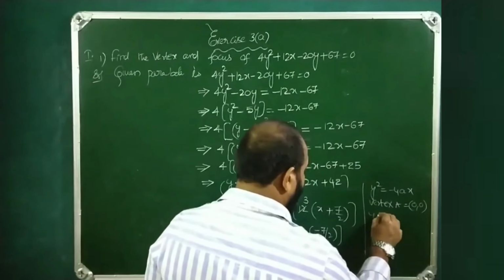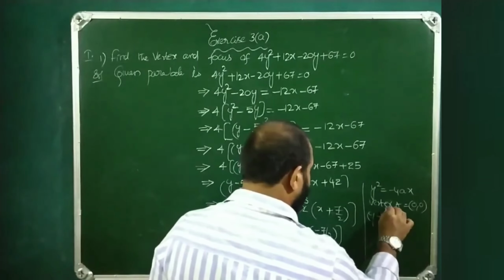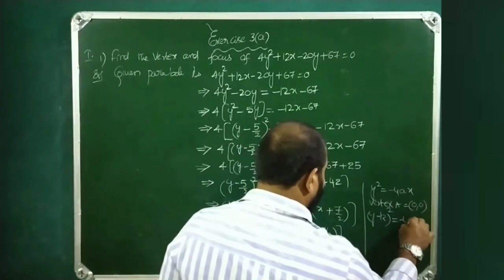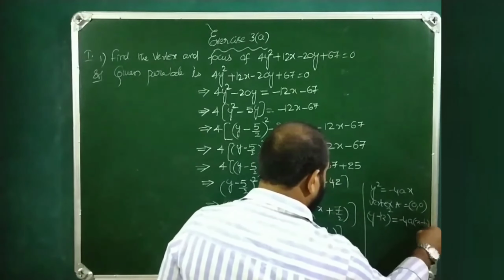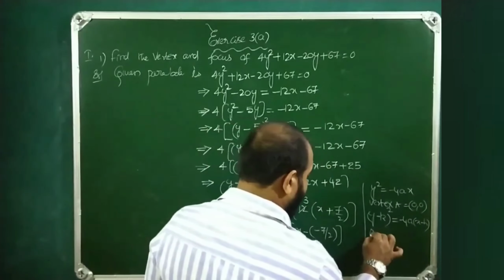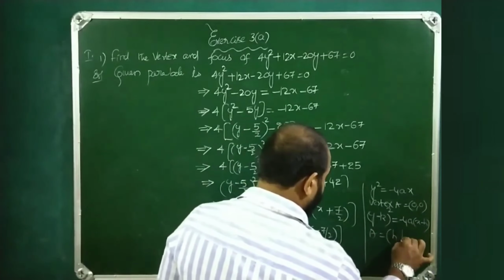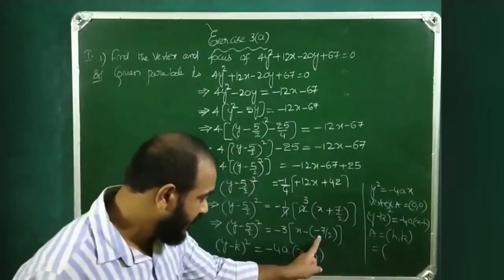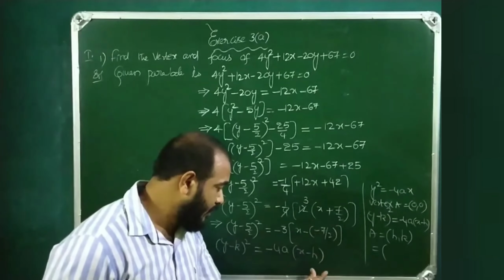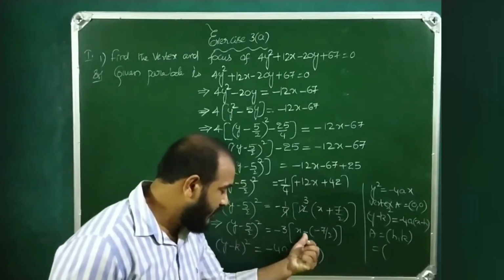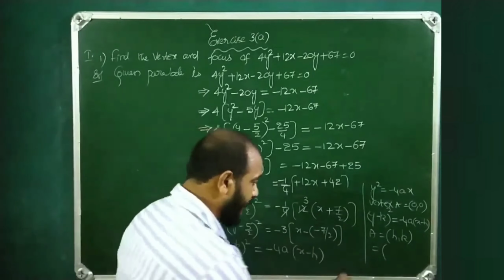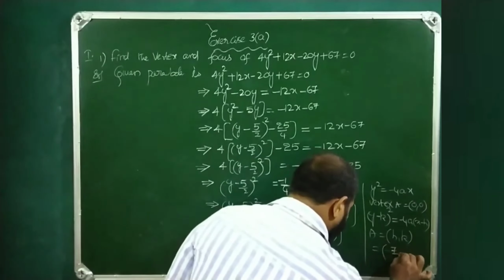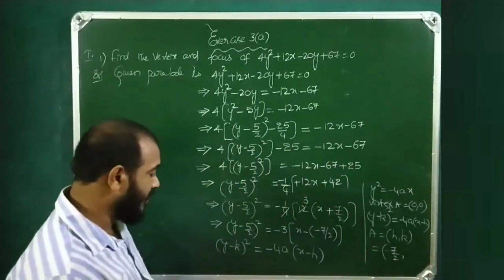But for y minus k whole square equals minus 4a into x minus h, the vertex A is h comma k. So what is h? h is minus 7 by 2, since minus minus is the same, in the place of h, minus 7 by 2. And what is the value of k?